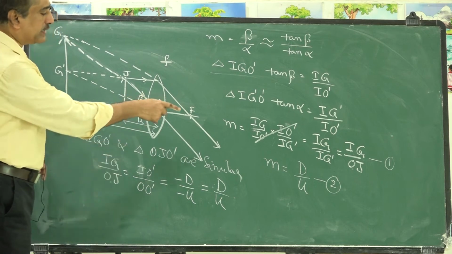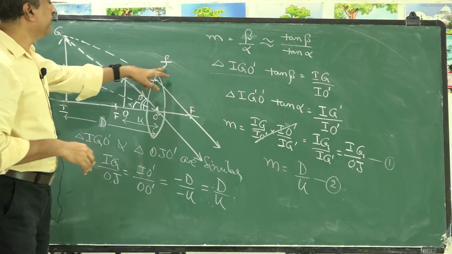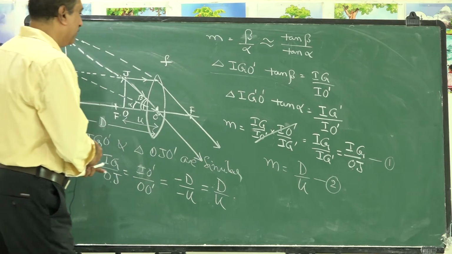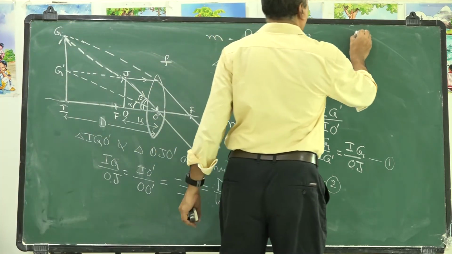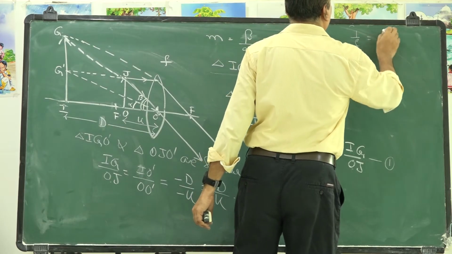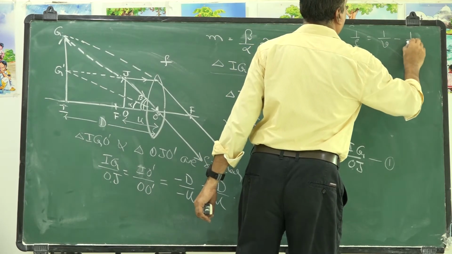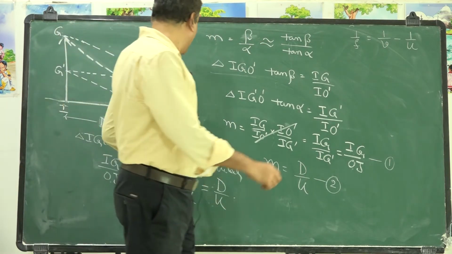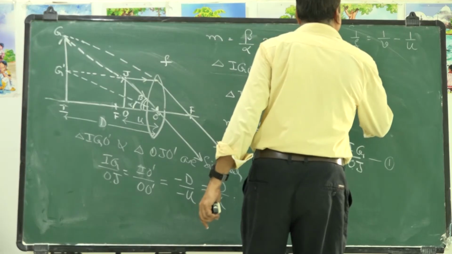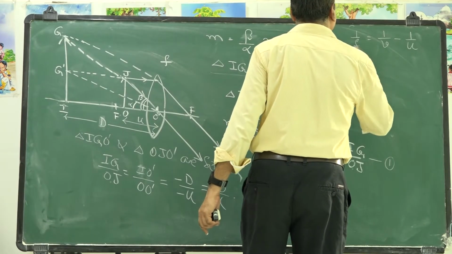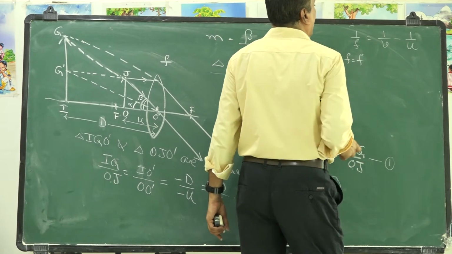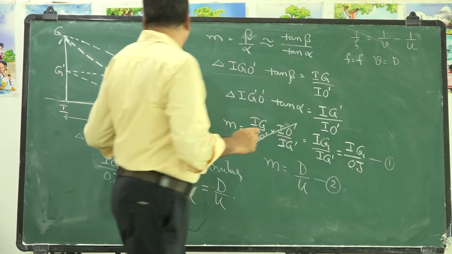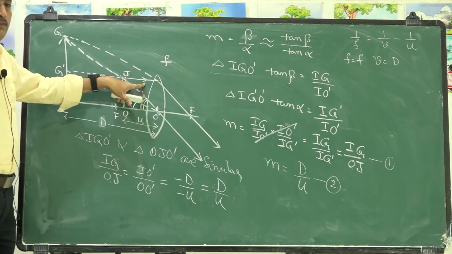Now we can express this U in terms of the focal length F. We have the relation 1 by F is equal to 1 by V minus 1 by U. Now F is positive for convex lens and V is equal to D, which is measured opposite to the direction of propagation of light.